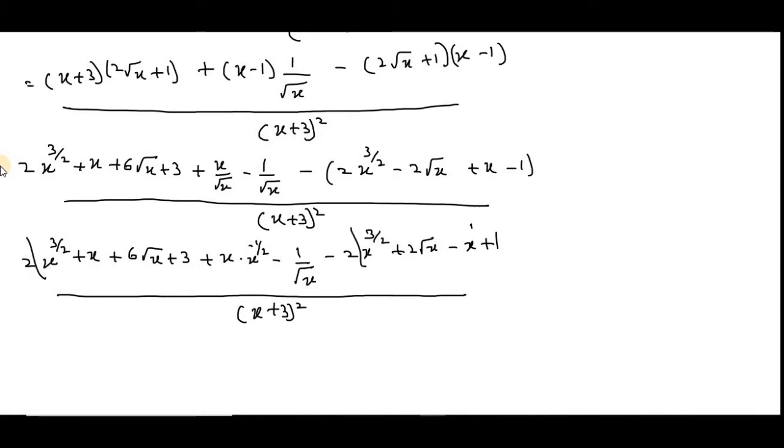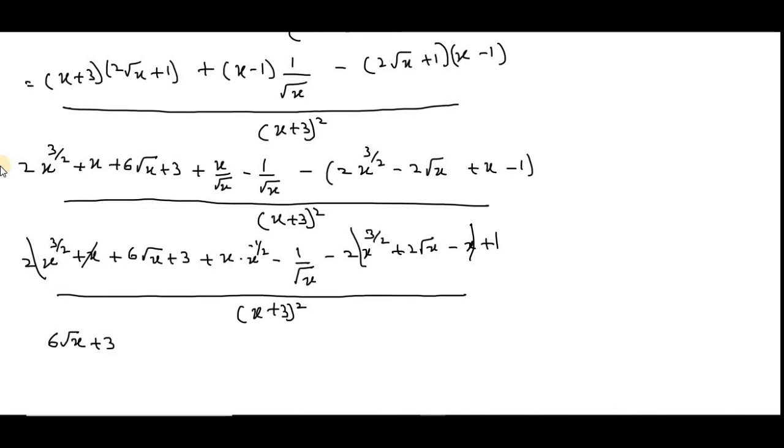And now we see that some terms will be cancelled: this minus x and this x are cancelled, and now we are going to simplify it.